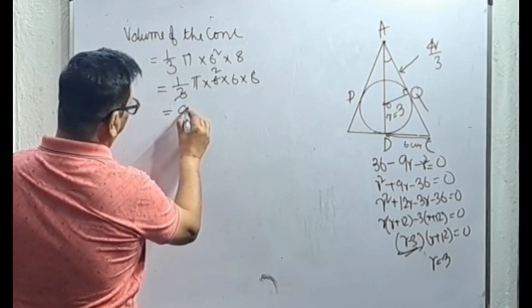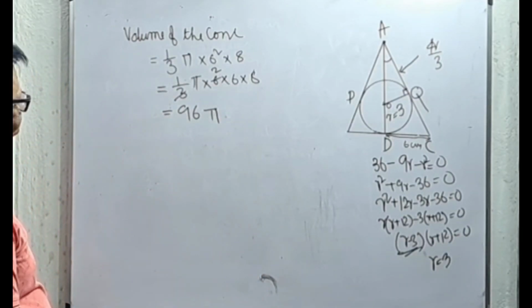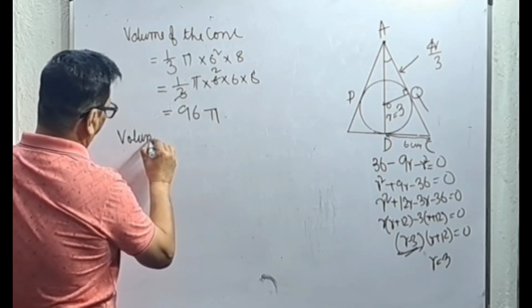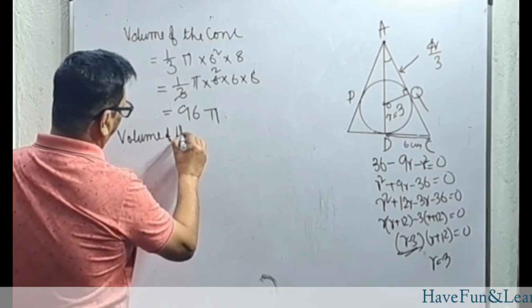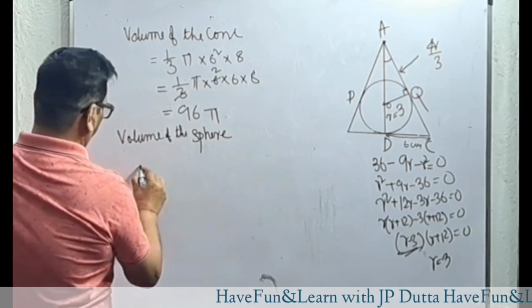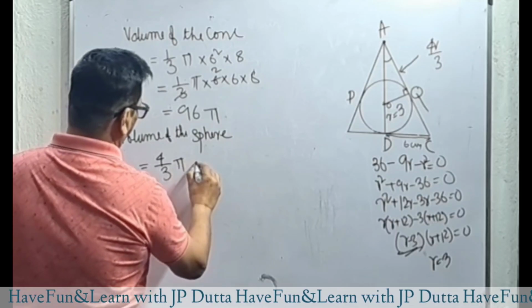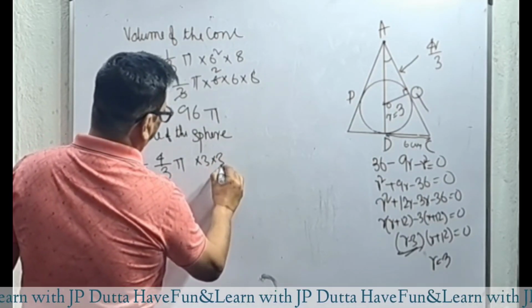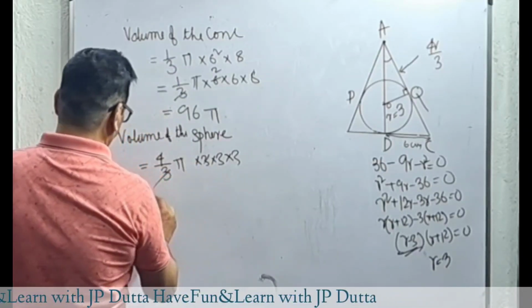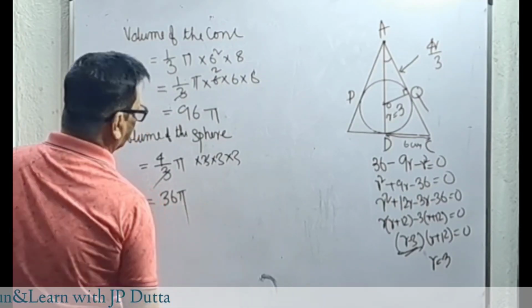So you get 96 pi. Correct? Now volume of the sphere is equal to 4/3 pi 3 into 3 into 3. Correct? So it cancels out. 3 3s are 9, 36 pi.